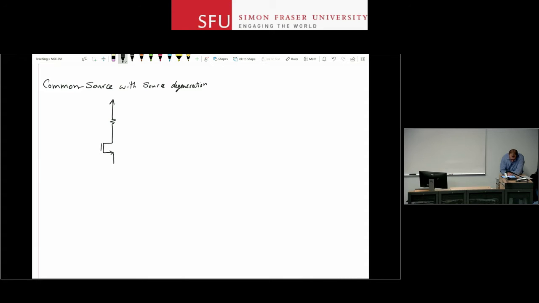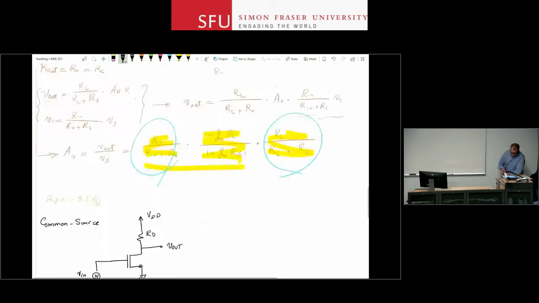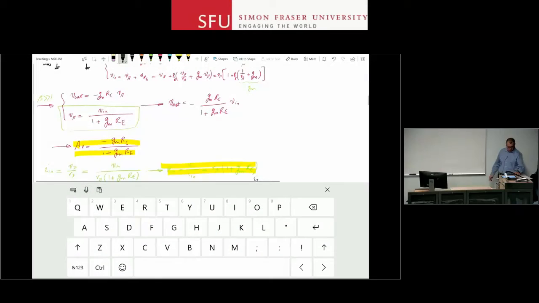I'm going to analyze this because this is a little bit more complex than the basic stage, but once we are done, we can just set RS to 0 and apply it to the common source stage without source degeneration. Same thing as we did here.